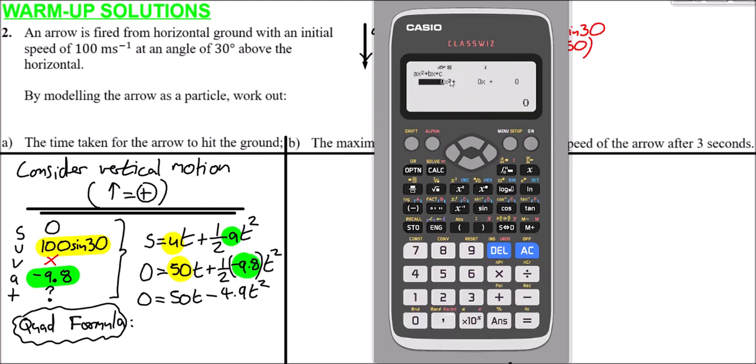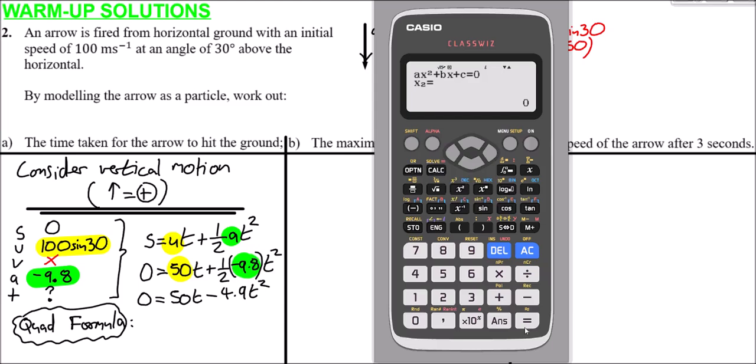My x squared term, the quadratic term, is minus 4.9. The t term, the standard x term, is 50. And I've got no constant, it's just 0. So we've got t is 500 over 49, or t is 0.